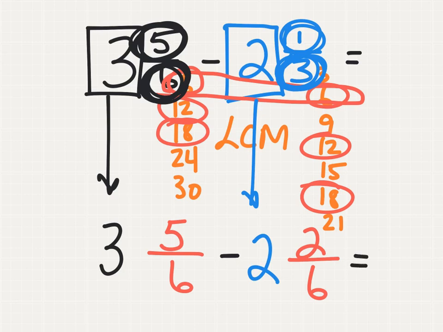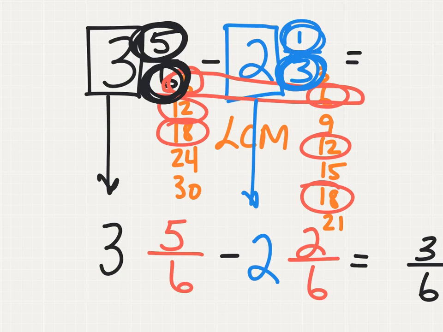We subtract the fractions first. 6 is our common denominator. 5 minus 2, subtracting the numerators, is 3. Now we know we can simplify 3 over 6.